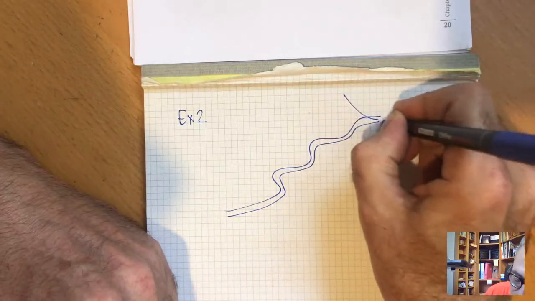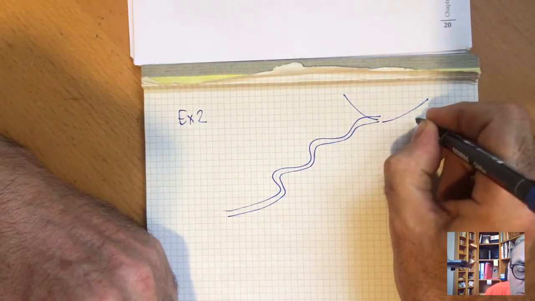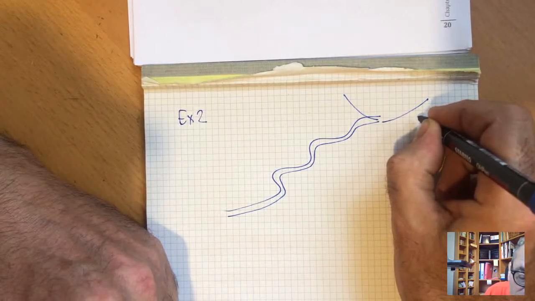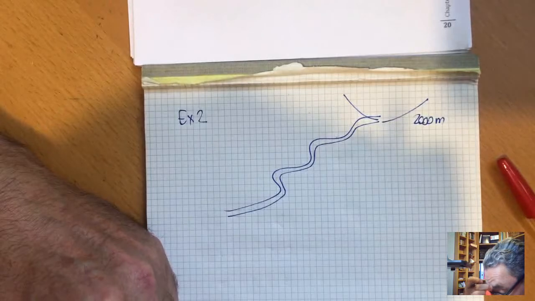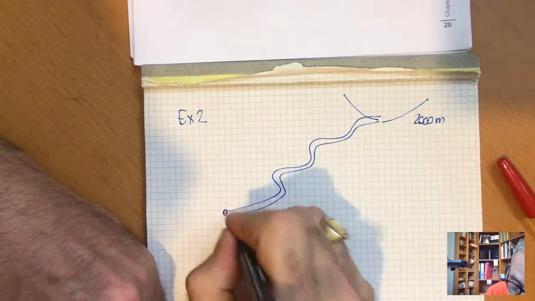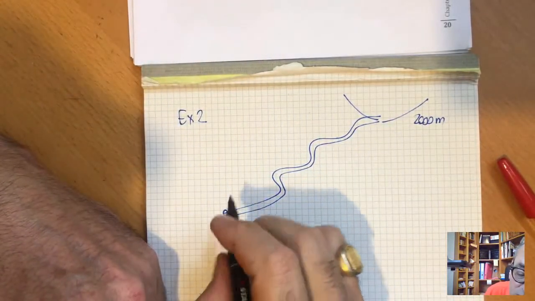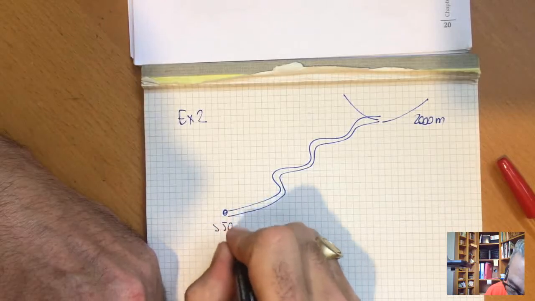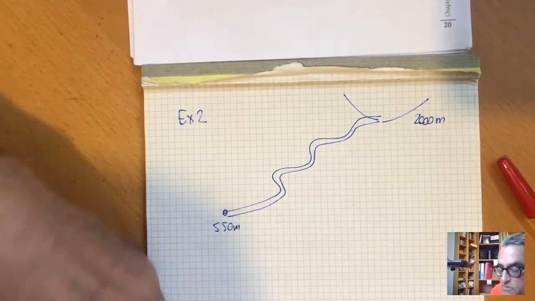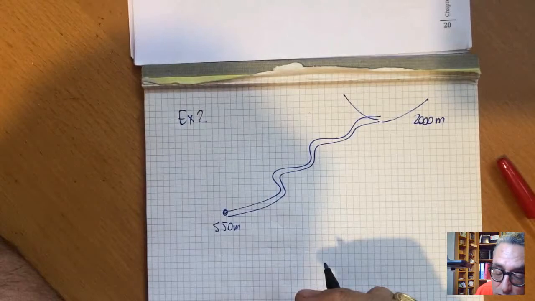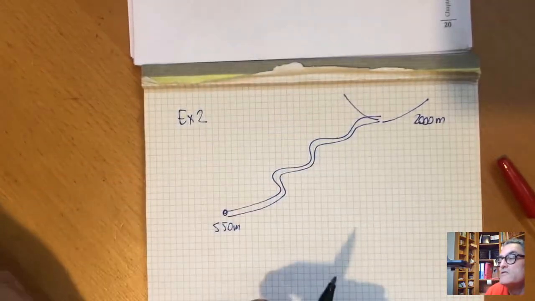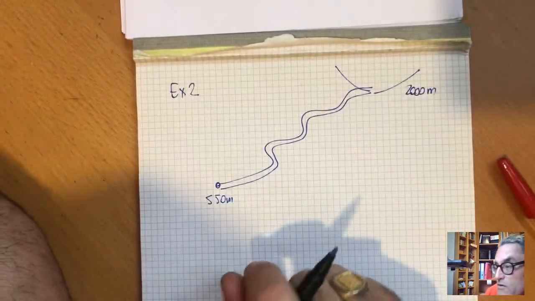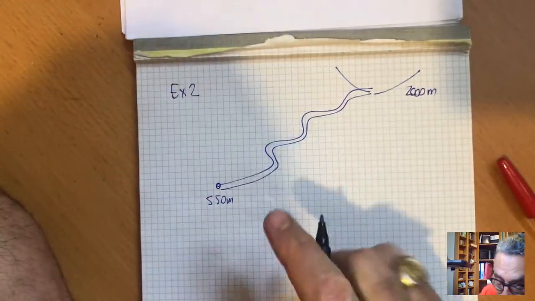The mountain pass is at an altitude of 2000 meters, so it could be the Simplon, for instance, and the start of the road is at an altitude of 550 meters. We consider, of course, I didn't mention it in the problem, that there is no friction, otherwise all this changes.